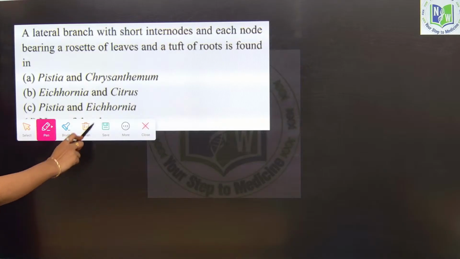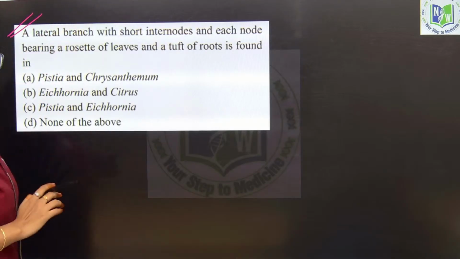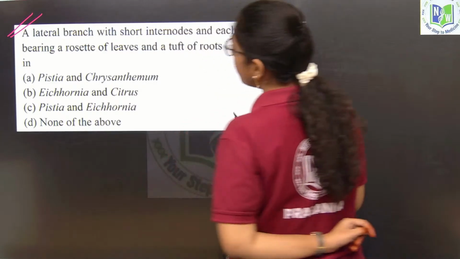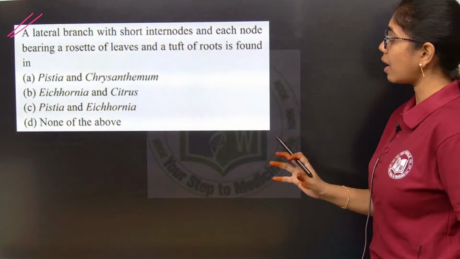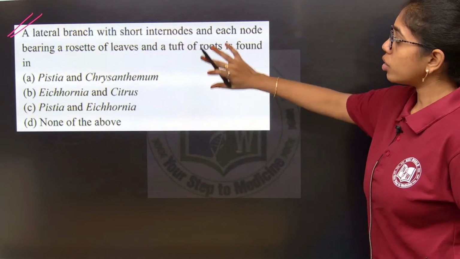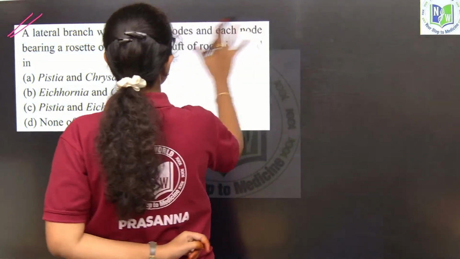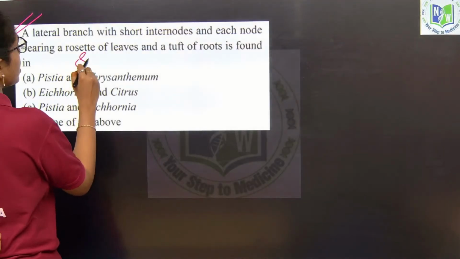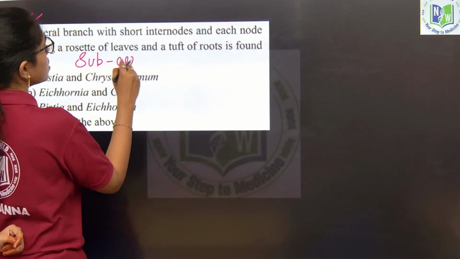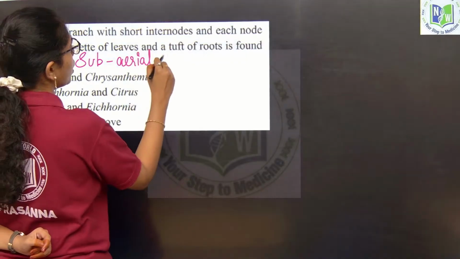A lateral branch with short internodes and each node bearing a rosette of leaves and tuft of roots is found in. So this modification is what type of modification? Subaerial stem modification.